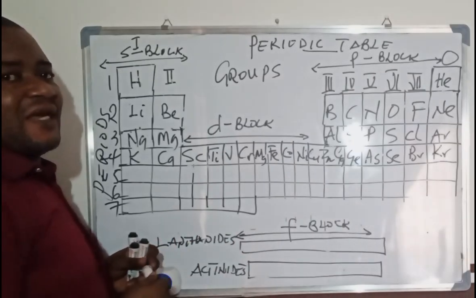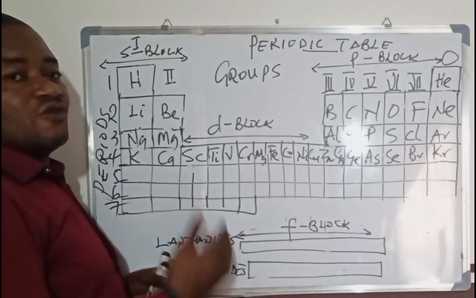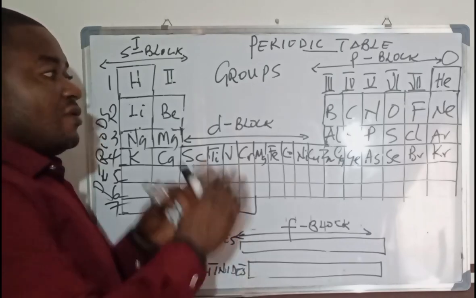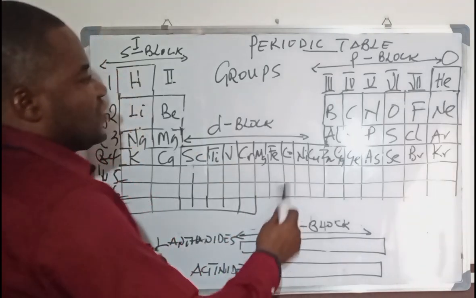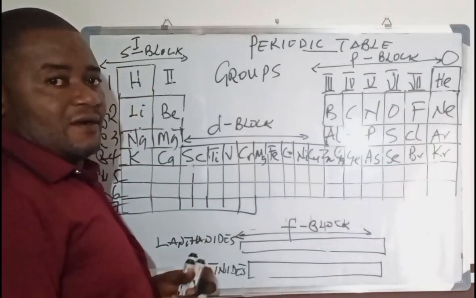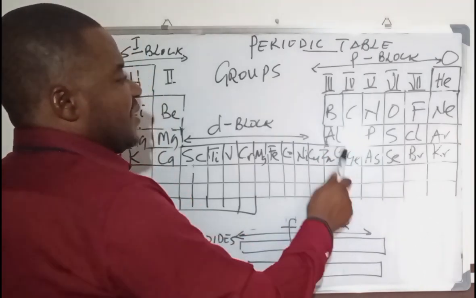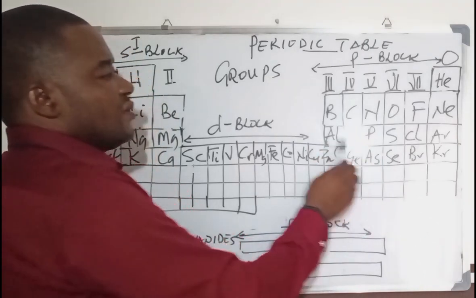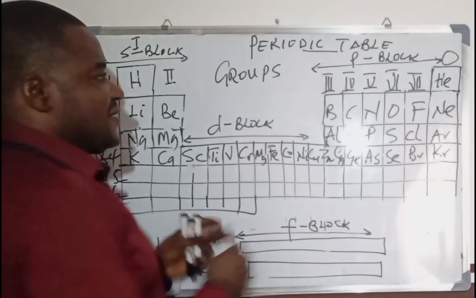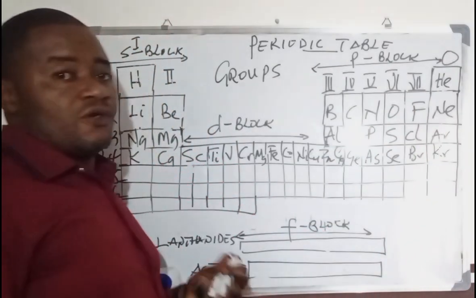Like I said, metalloids possess the properties of both metals and non-metals, while the non-metals are completely non-metals. For example, you see boron is here, you see silicon is here, you see germanium is here. All these are metalloids. And if you continue, you see fluorine, chlorine, bromine, they are all non-metals.